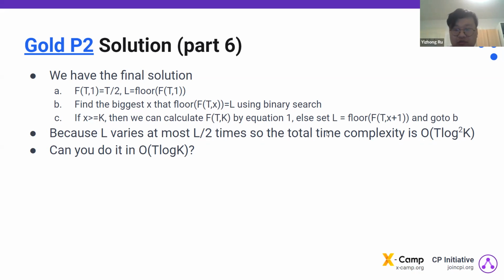Else, we do the next step. That is, we set L equal to floor FTX plus 1, because X is the biggest X such that floor FTX equals L, so this one is bigger than L, right? And then we go back to do the next step, because L varies at most T divided by 2 times, sorry.